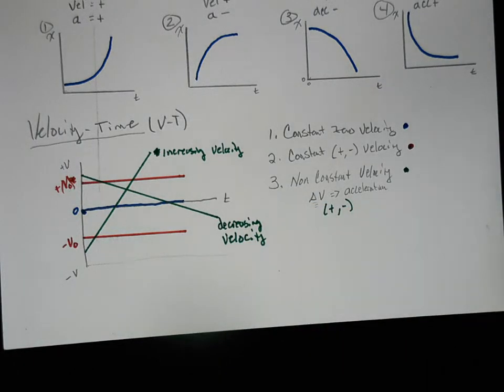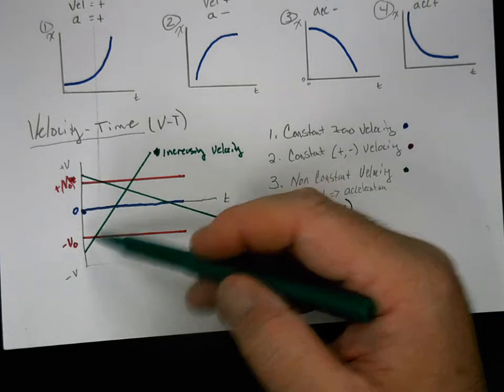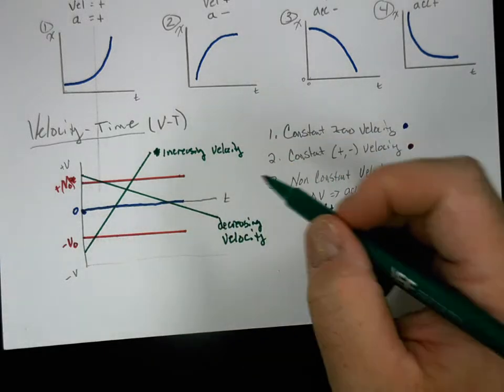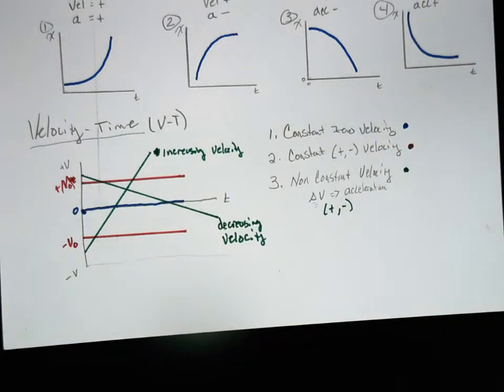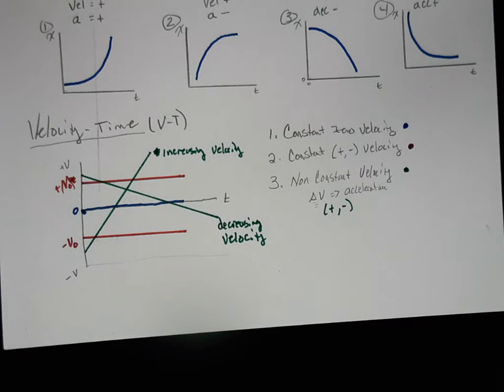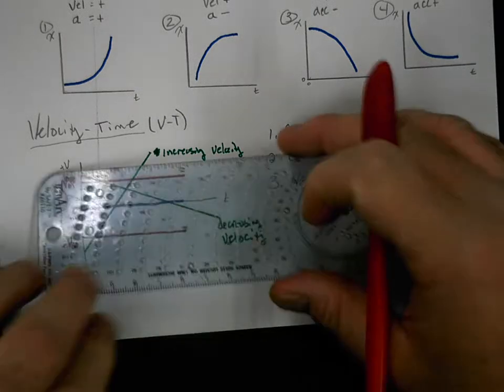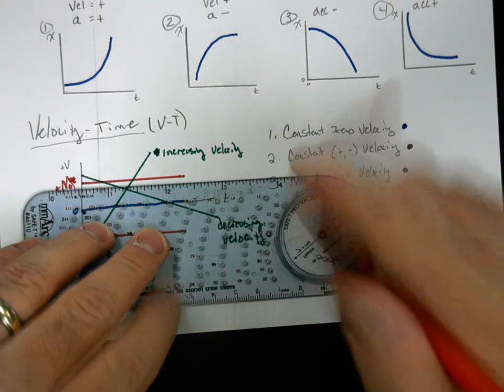Now, take a look at this. This increasing velocity, remember that the value of the velocity at any given time is given by the horizontal line.